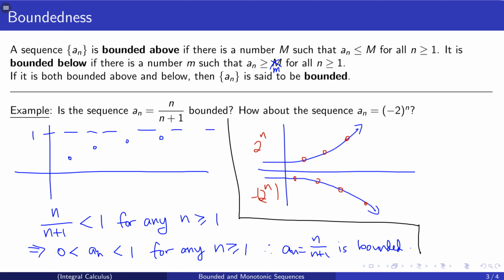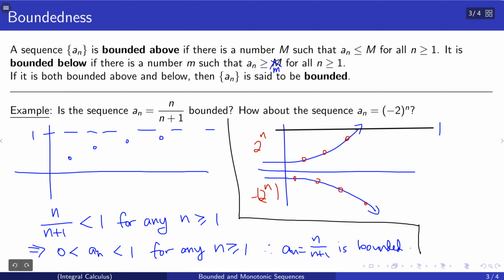And both branches go to infinity, right? It just blows up to infinity. And you can argue it this way. It's that for any capital M I choose, say I choose this value, capital M, I can always take n large enough so that I get some point in my sequence that's above this horizontal line.